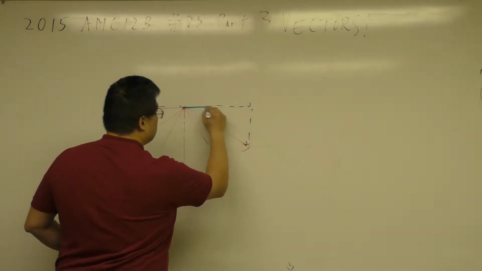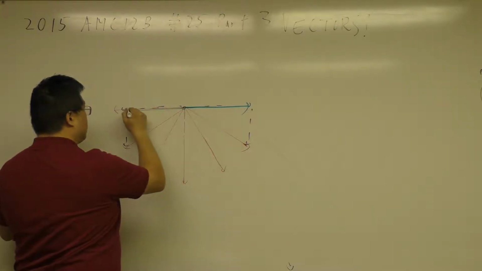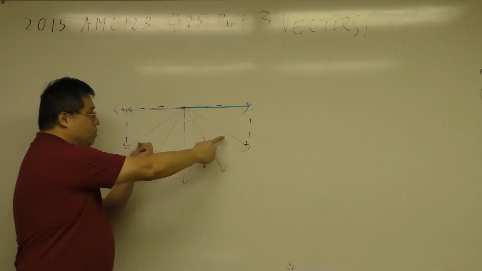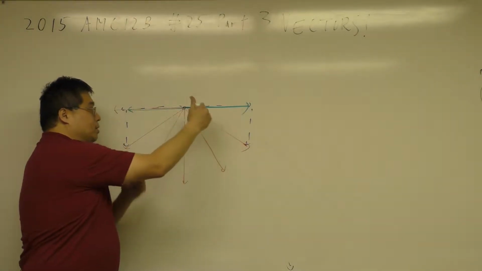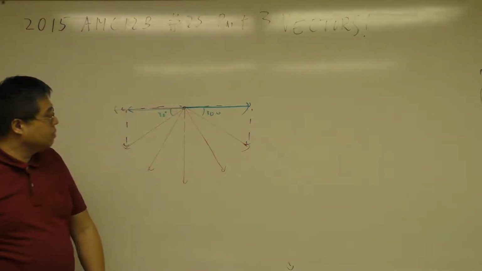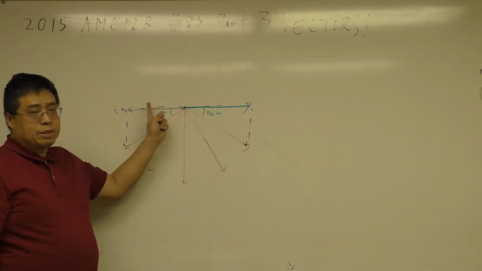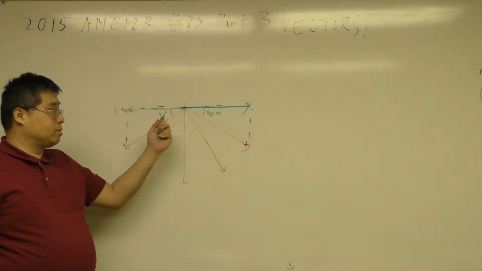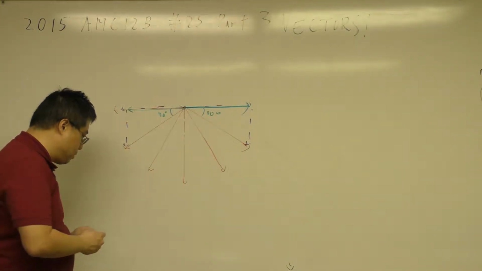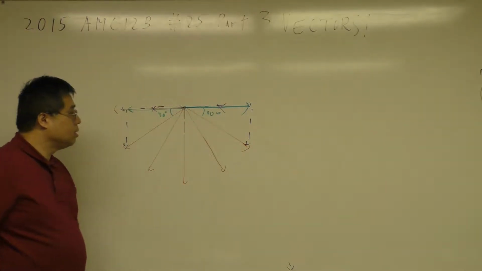Notice that these two vectors involve vectors of the same length, same angle with respect to the horizontal, but in totally different directions. They have to be the same in length or magnitude, but pointing in totally opposite directions, so these guys kind of cancel each other out.